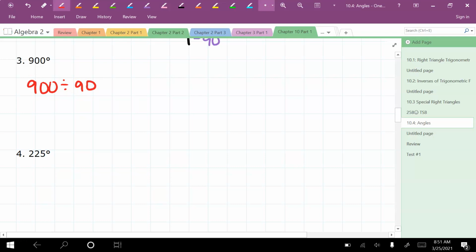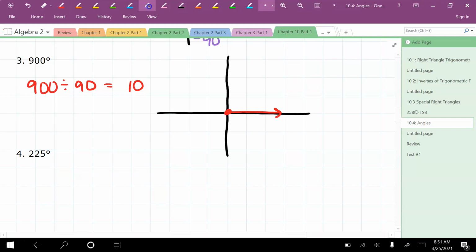What would be 900 divided by 90? 10. Okay, so this means that I have to go through 10 quadrants. So I'm going to go around the quadrants until I get to 10. I'm still starting at the initial side. And this is positive, so I'm going to go counterclockwise. Okay, so let's just do a quick count.